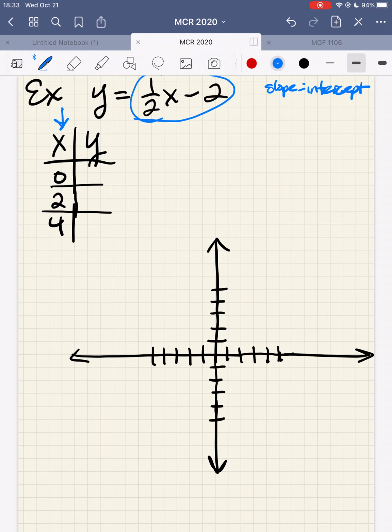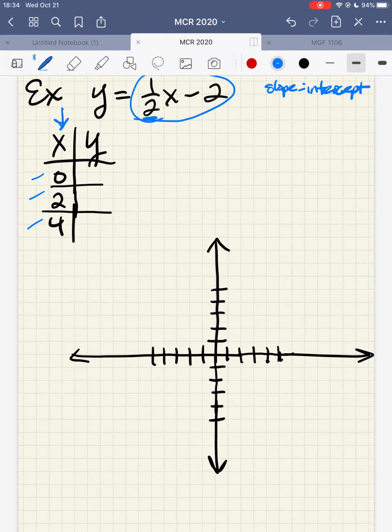Right? Another thing I want you to notice is that we have a fraction, so we have to work with fractions. My fraction has a denominator of 2, and all my values here are some sort of even number. That's going to be to my advantage. Let's go ahead and look at the first one.